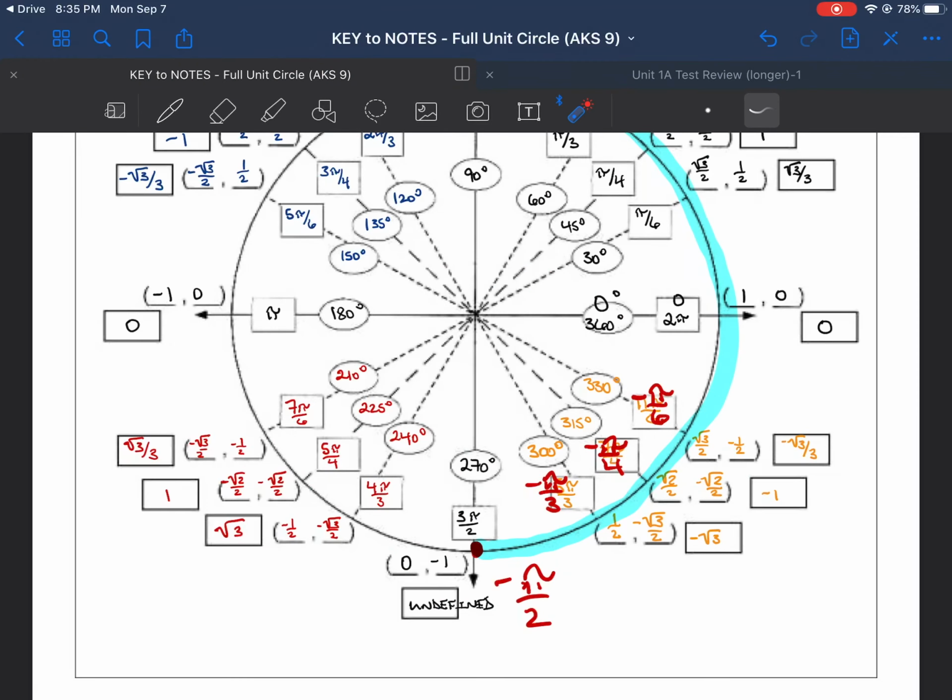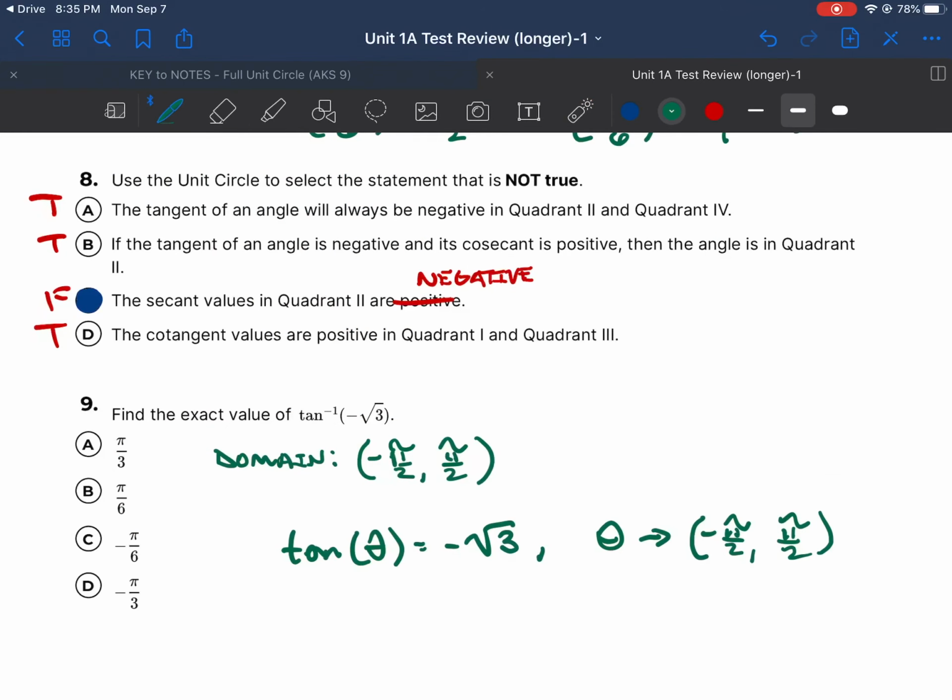So let's look at our tangent values, and right here I can see a negative square root of 3 as a tangent value. It's in the restricted domain, so the angle that we're looking for is negative pi over 3. So that means that the inverse tangent of negative square root of 3 equals negative pi over 3, which is answer choice D right here.